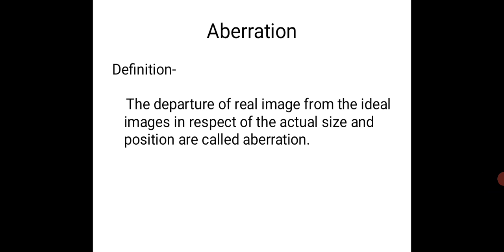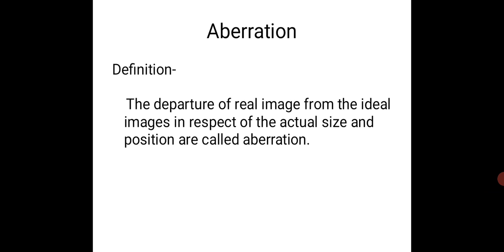In general, non-paraxial rays of light from an object after refraction through the lens do not meet at a single point, and hence the refractive index and the focal length of the lens are different for different wavelengths of light. Thus, the rays of white light after refraction through the lens form a number of colored images.